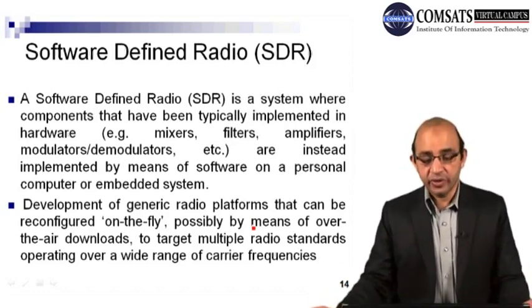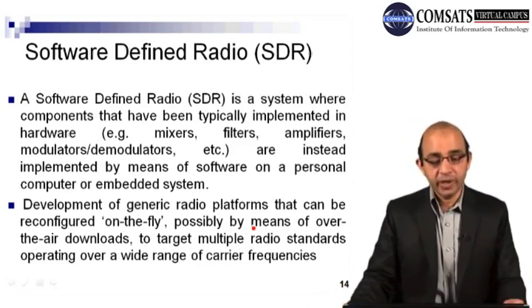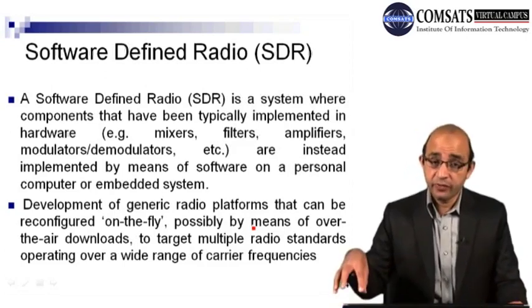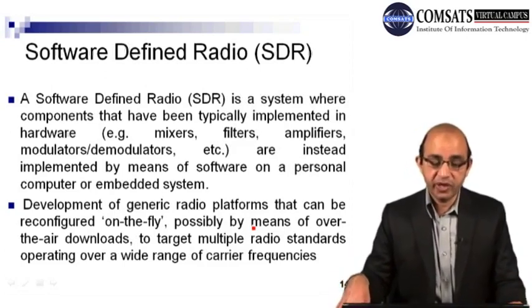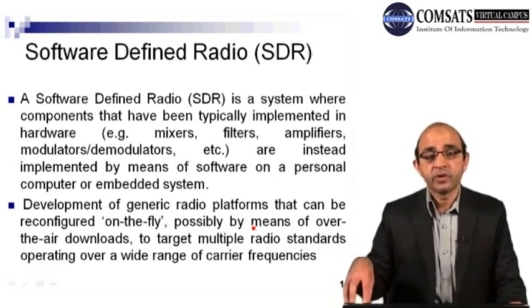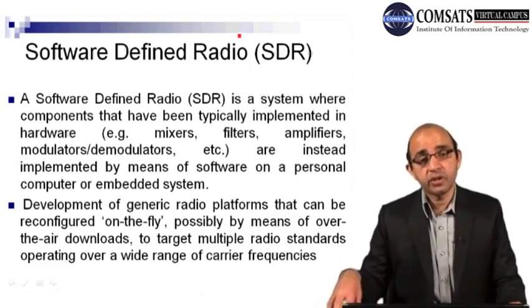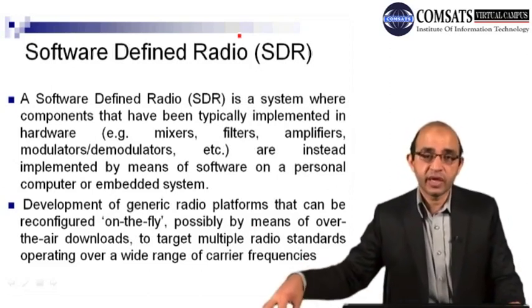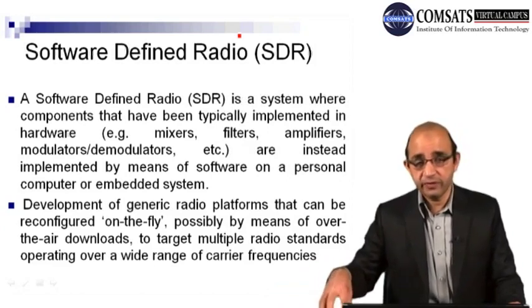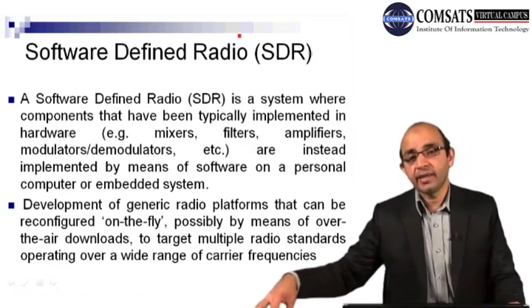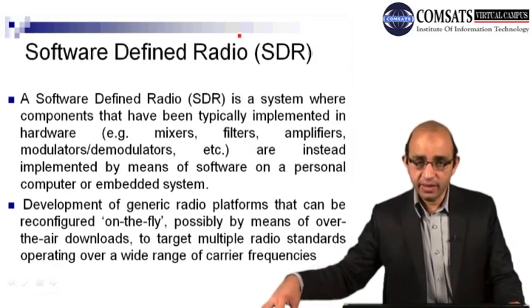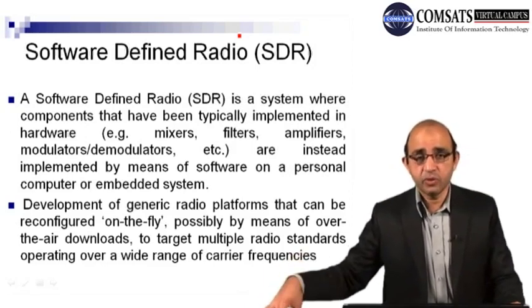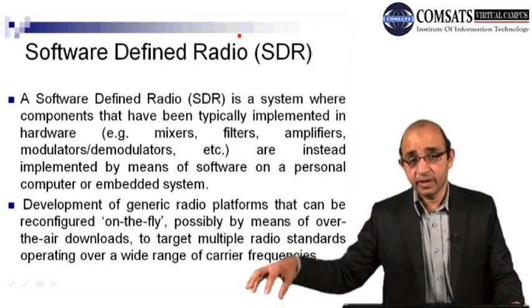A software-defined radio is a system where the components that have typically been implemented in hardware are instead done differently. For example, in a communication system we have a transmitter with a source encoder and a channel encoder, then in between we have the antenna and the channel, then an antenna, a demodulator, a channel demodulator, and then decoding.